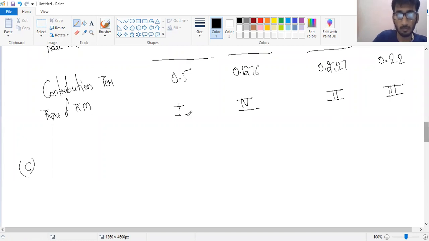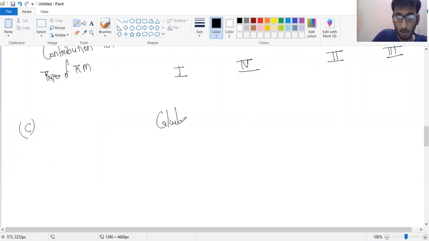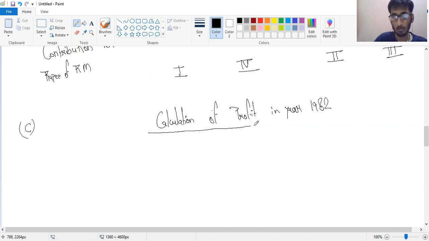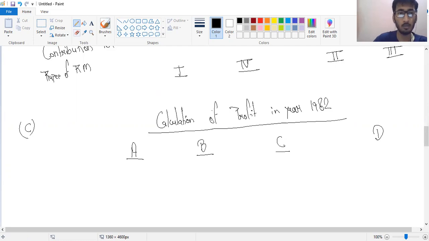So, calculation of profit. So A, B, C, and D. Or we can, better to do D and total.